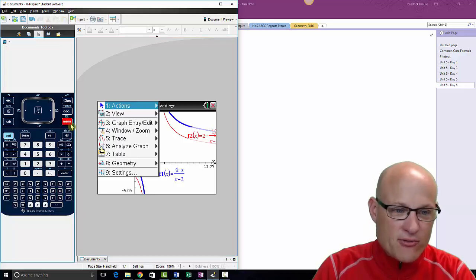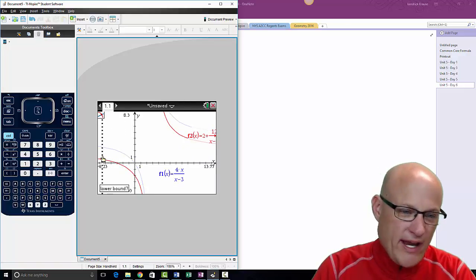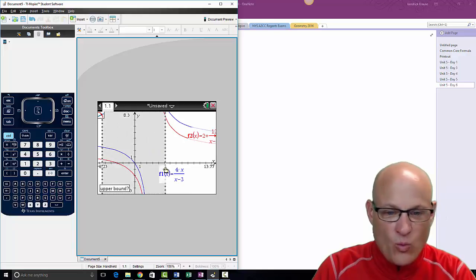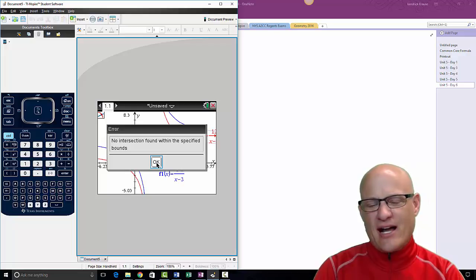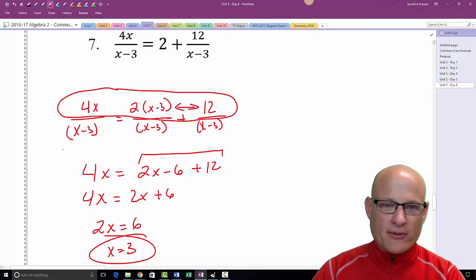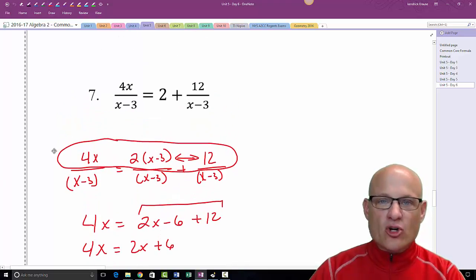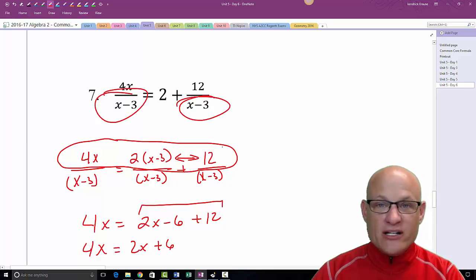I covered 3. Let's try it again. Analyze graph, intersection. Click way over here, that's at -5, way over here, that's at +5. No intersection found. Now, how's that possible when I know the answer is 3? Well, here's the problem, kids. 3 is a vertical asymptote. So 3 is an undefined point.